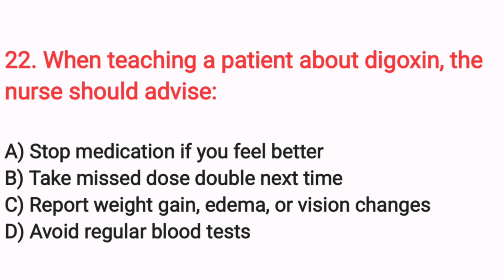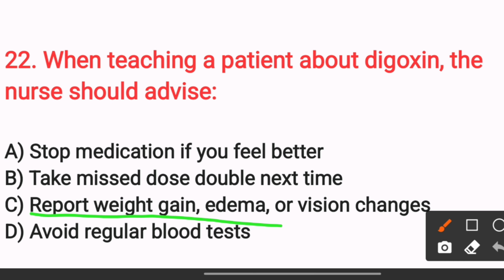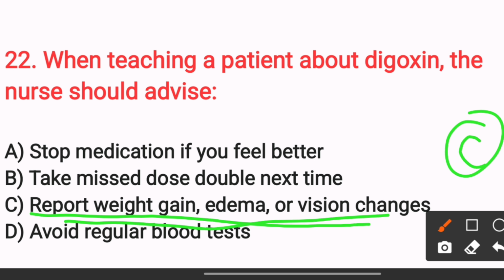The answer is option C, report weight gain, edema or any type of vision changes, because these are early signs of digoxin toxicity. If any of these occurs, you have to immediately report to the physician.